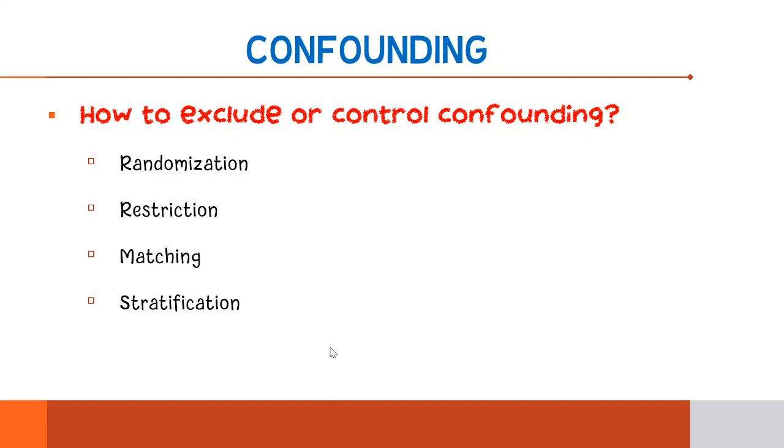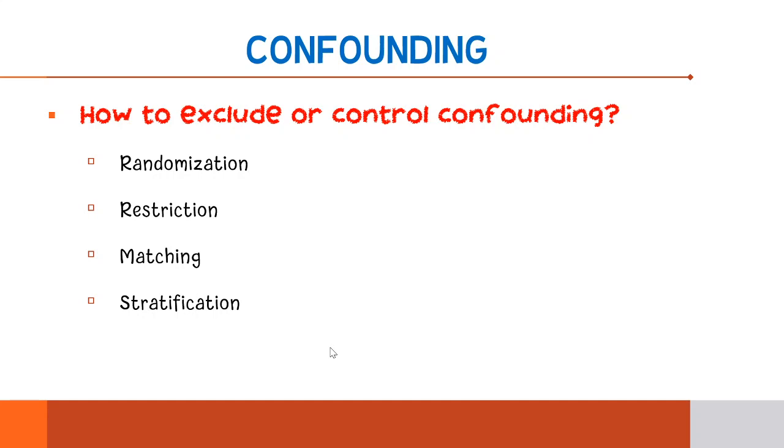Going back to your lung cancer and smoking: if the relationship between lung cancer and smoking is really due to smoking and not to the confounding effect, consider that we stratify by degree of urbanization.